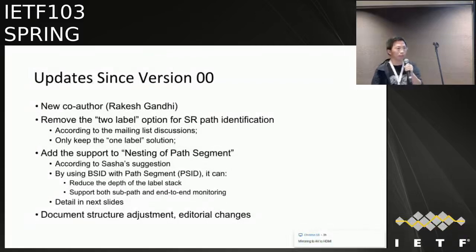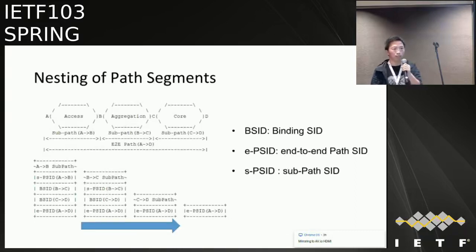So this diagram shows the details of how to use the path segment and the binding SID to support sub-path monitoring and end-to-end monitoring. You can see in the figure, there's a path from A to D that spans multiple domains: the access, the aggregation, and the core domain.